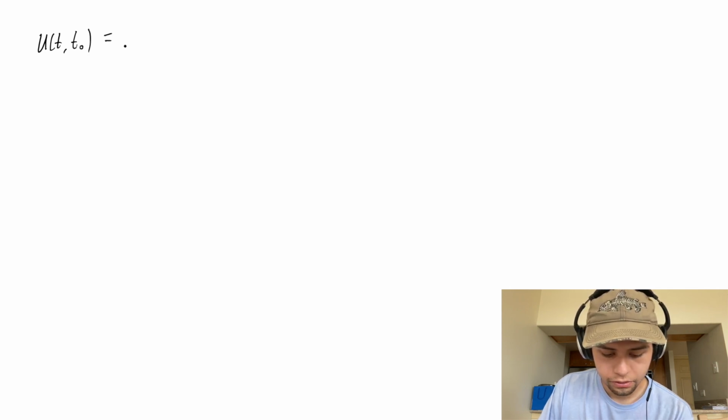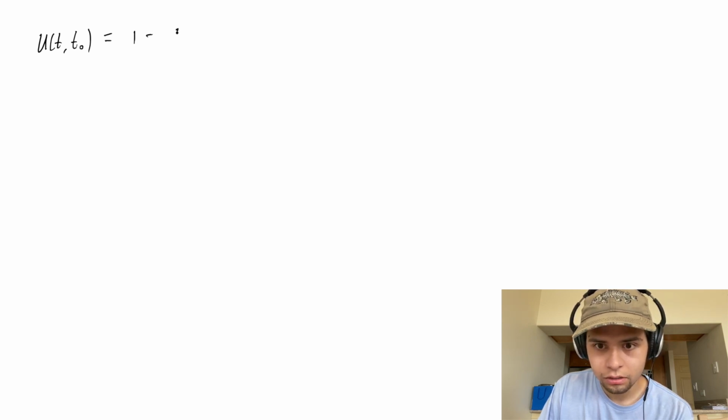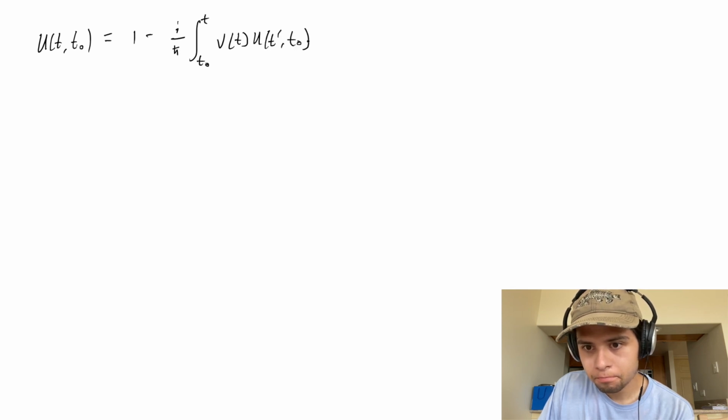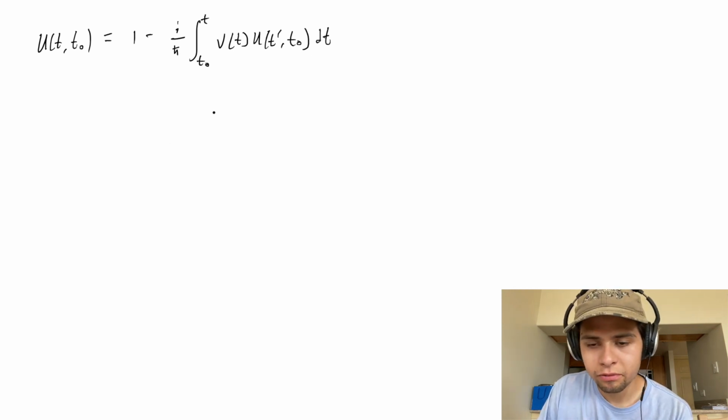So u of t, we said that that was equal to 1 minus i h bar from t naught to t. The weight here is like that. Okay, so this is what we derived before.